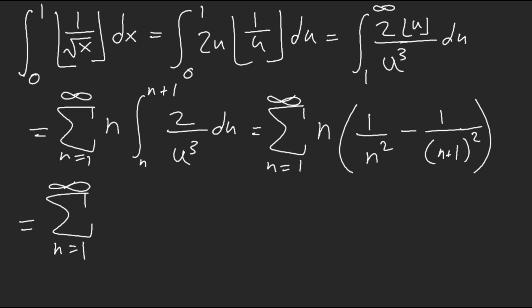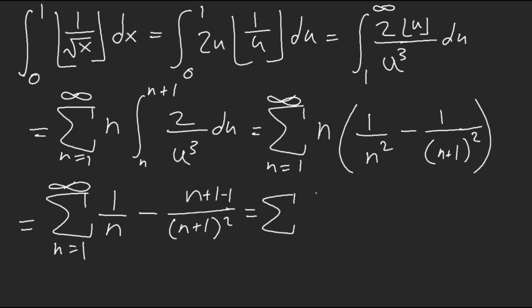So just distribute the n. We have 1 over n, and minus n plus 1 squared. But we could just do plus 1 minus 1, right? So now this would have been 1 over n minus 1 over n plus 1, and then plus 1 over n plus 1 squared.